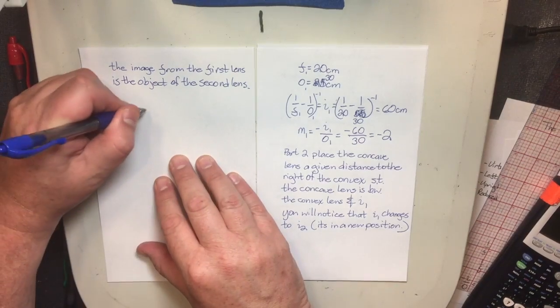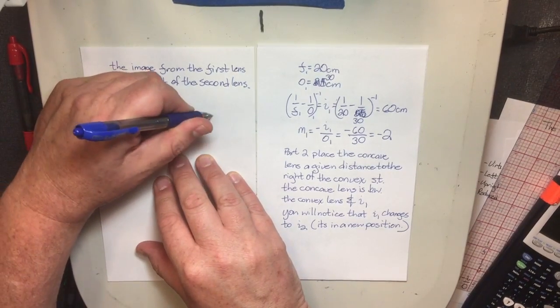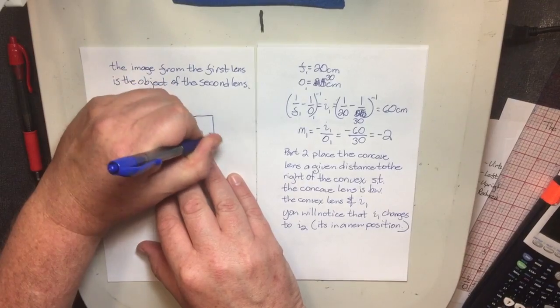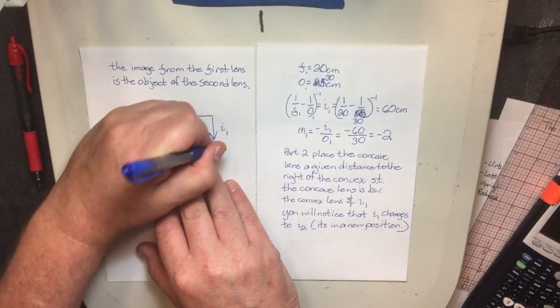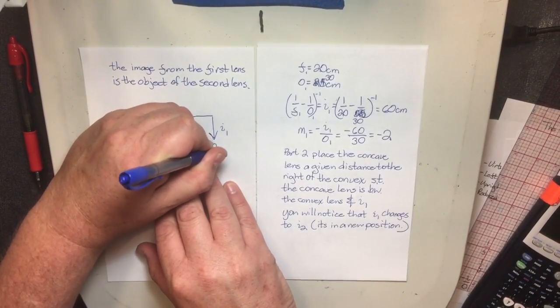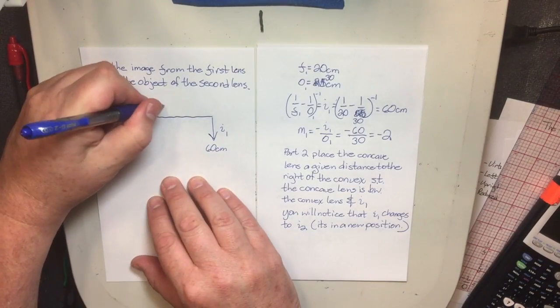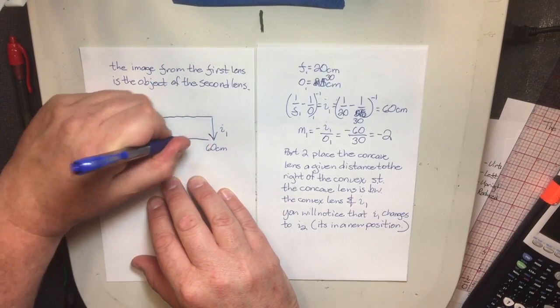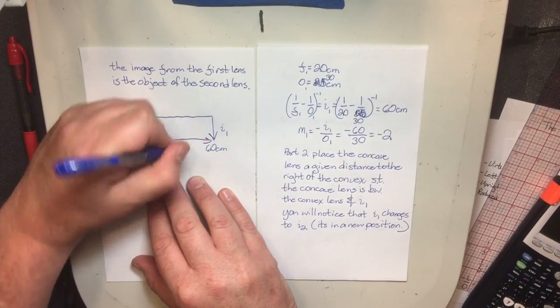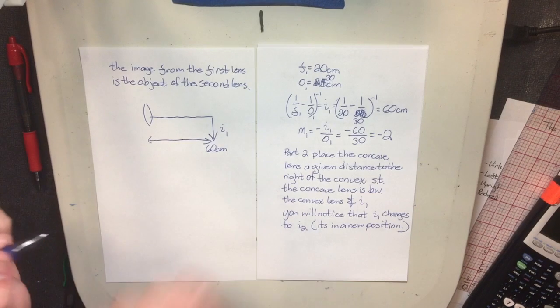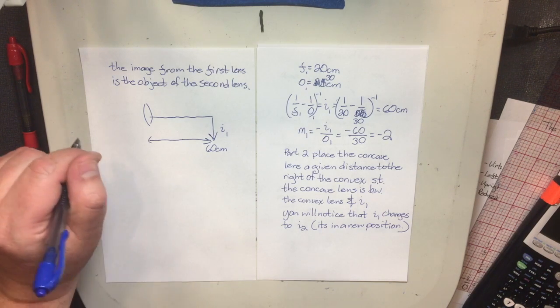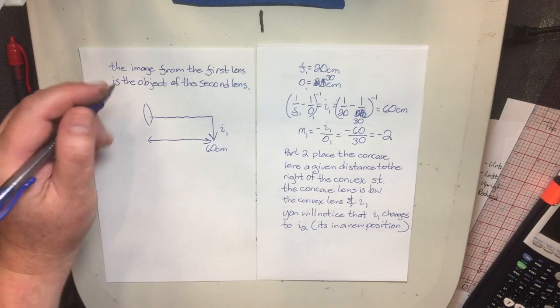Let's use the fact that I1 is 60 centimeters to the right, so this distance is 60. I'm trying to think of the number. They've got a good working set of numbers in the lab, so if I pick incorrectly, it's just going to be freaky.